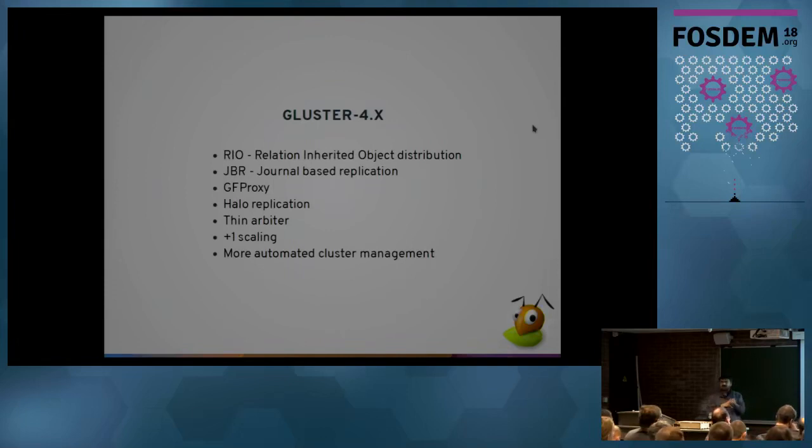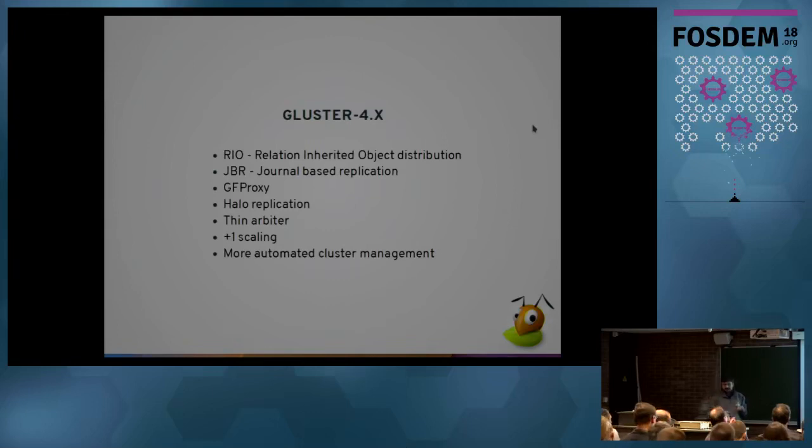We have a feature called Arbiter, which tries to solve some split brain issues by replicating just the metadata 3 times instead of the full metadata and data 3 times, to make better usage of storage. There is an improvement to that coming called Thin Arbiter, which tries to make Arbiter even better.